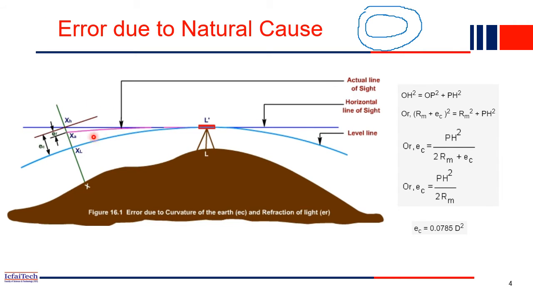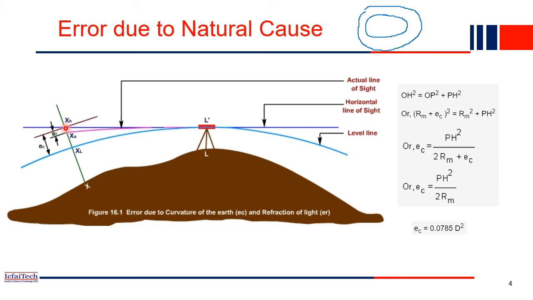Because the points are very far apart, there may be a change in the density of air here and here. Because of this, the light is not going straight; you can see this pink line, so light got refracted, and this is the reading because of the refraction.